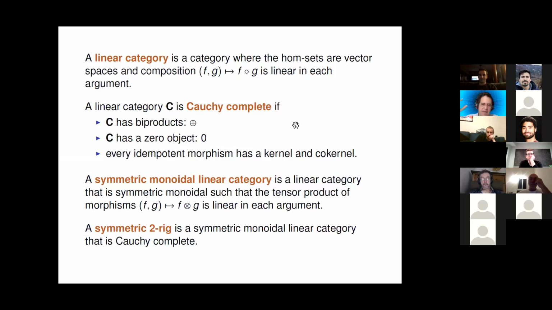So I'm saying, hey, I want to do complex math. So instead of talking about rigs, to get into that framework you'd want to do something like algebras over the complex numbers, and they would indeed form a two-rig, if I'm correct. Yeah, that sounds right. Yeah, I think that's right.